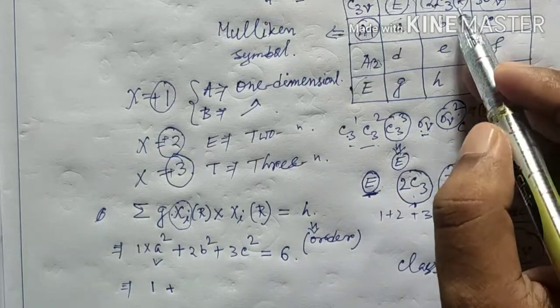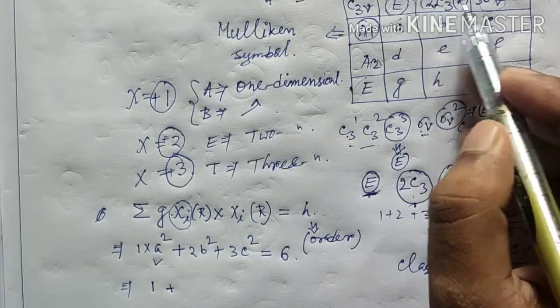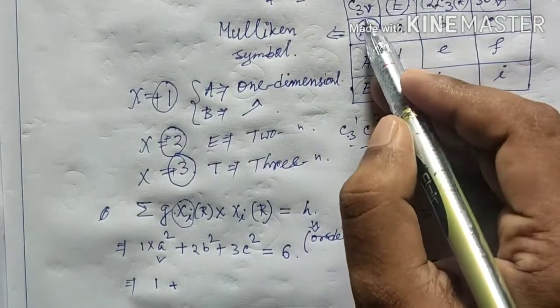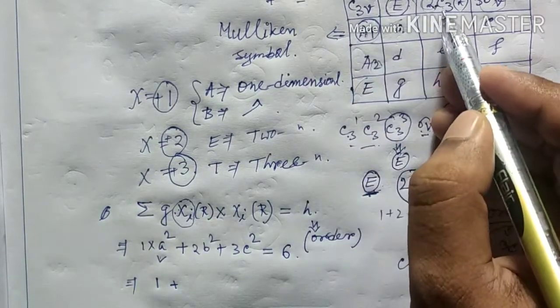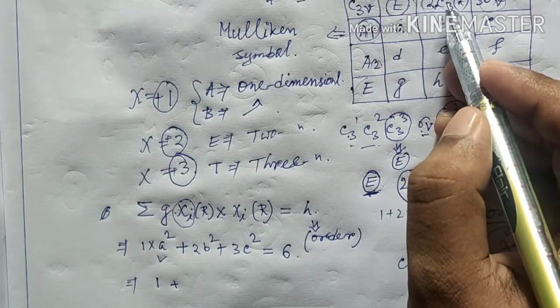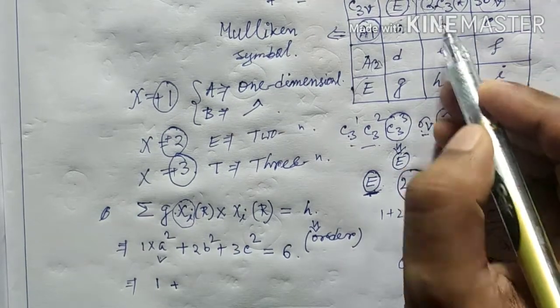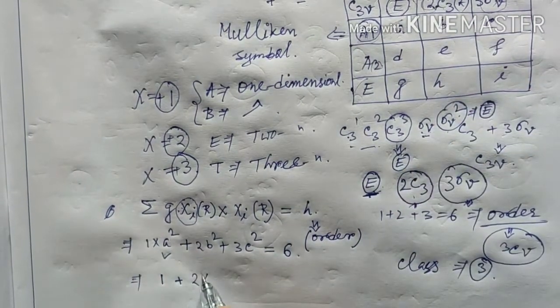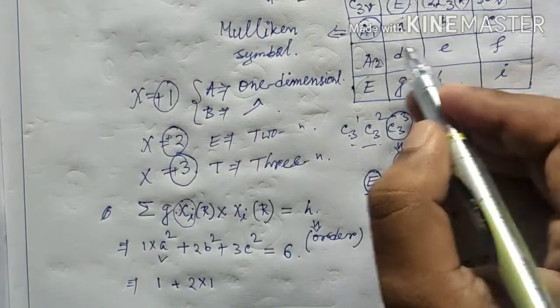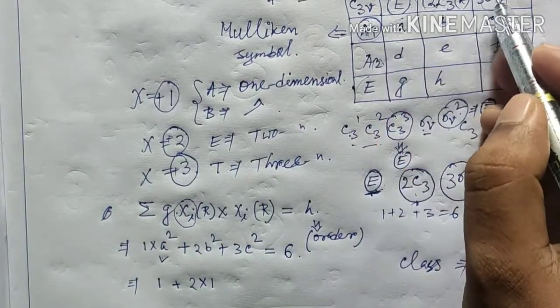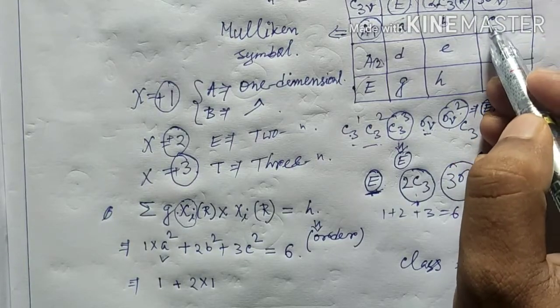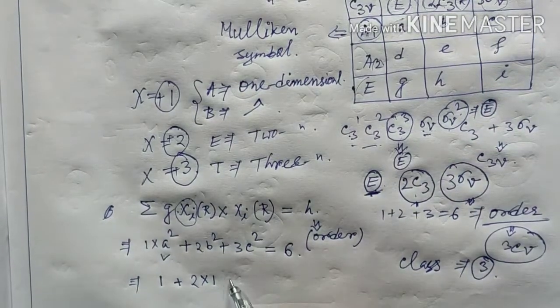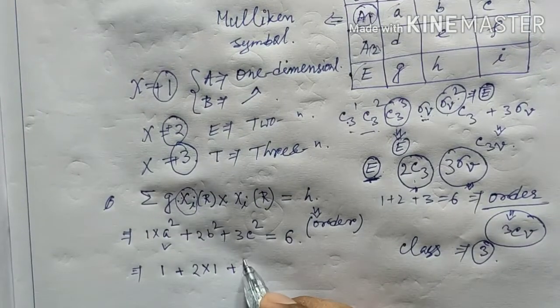But in this case, since here there is only C3 and sigma v, and we know the Mulliken symbol, since it is A, the character corresponding to the principal axis will be +1, so we can put here +1, and the character corresponding to the sigma v plane will also be 1, so we can also put the value here 1.